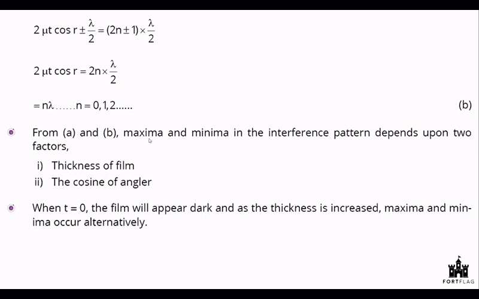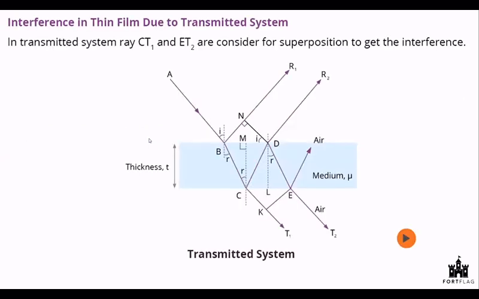Now, similar logic is followed for the transmitted system. Here we are going to consider T1 and T2. You follow the same logic and try to compute CK. By the time this ray is reaching point K, the other ray is traveling CD and DE.